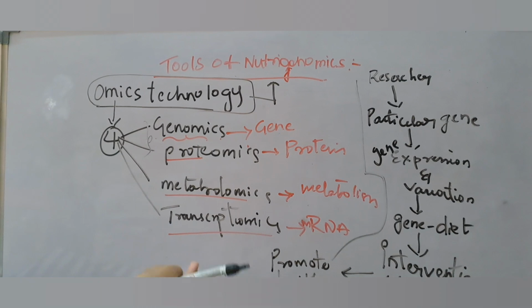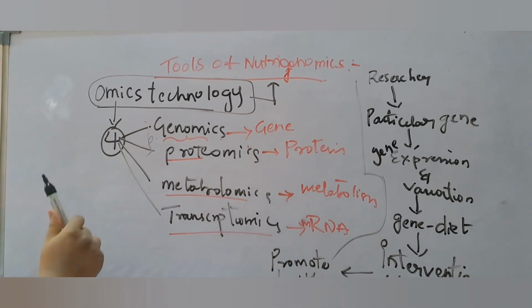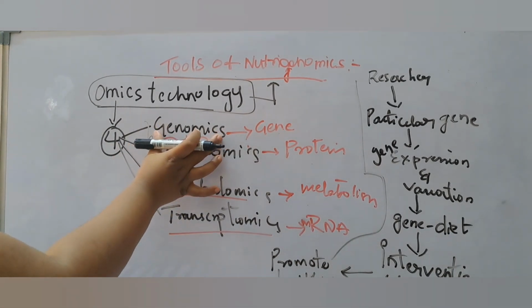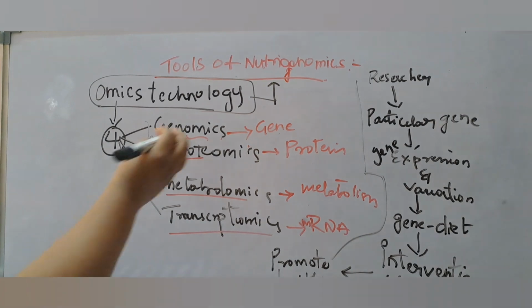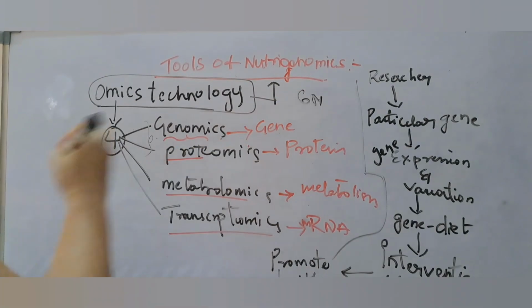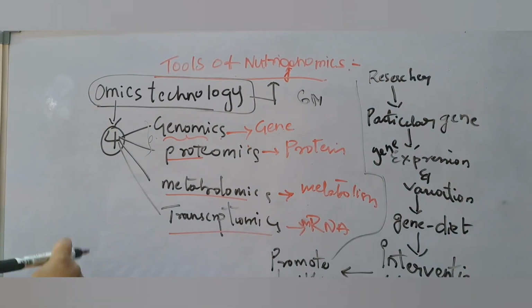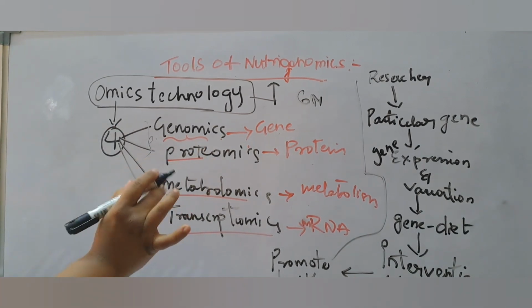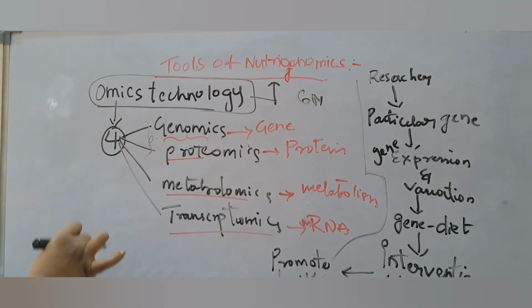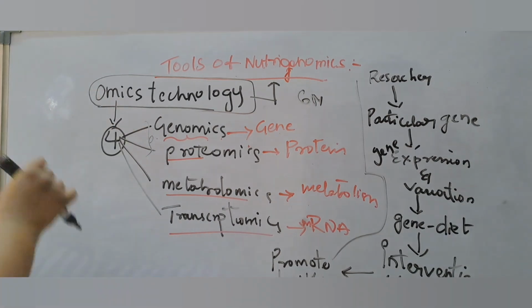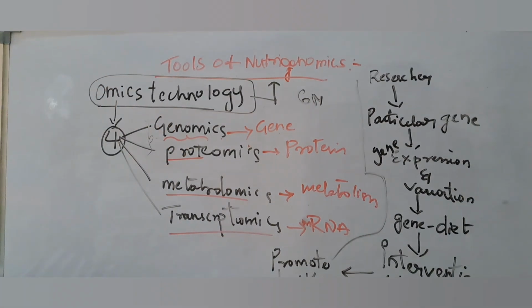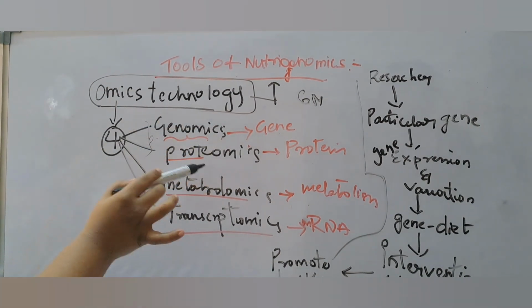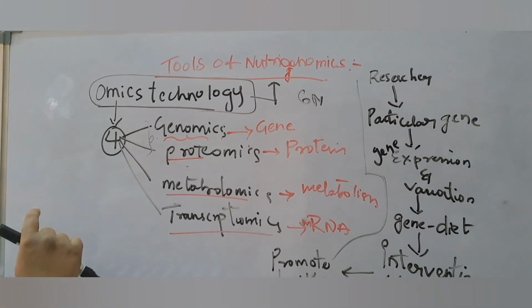If they ask for two, then you can write a 3 marks answer for this and a 3 marks answer for that. In total you will get 6 marks easily. If they give only proteomics, then you need to include the definition, and next applications, interventions, and also some types of technology included with genomics, proteomics, metabolomics and transcriptomics.